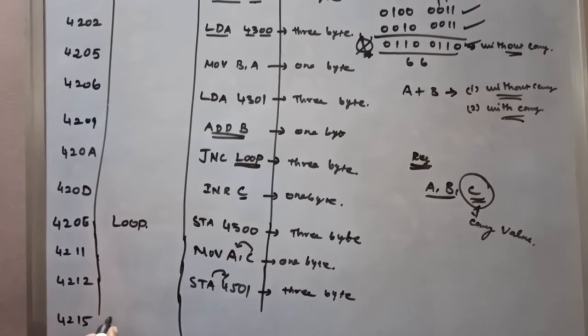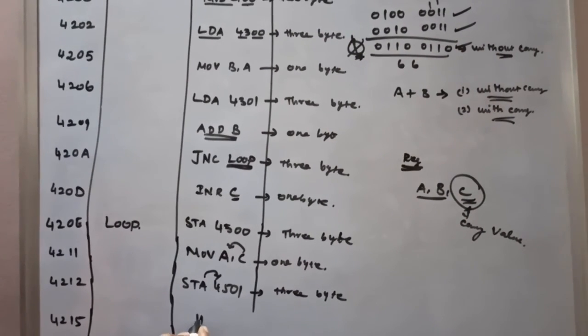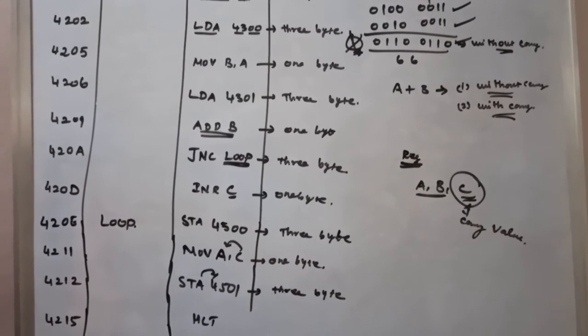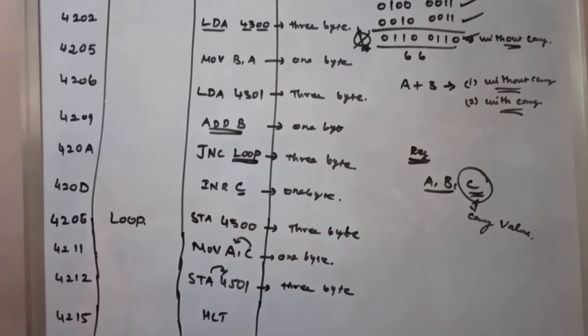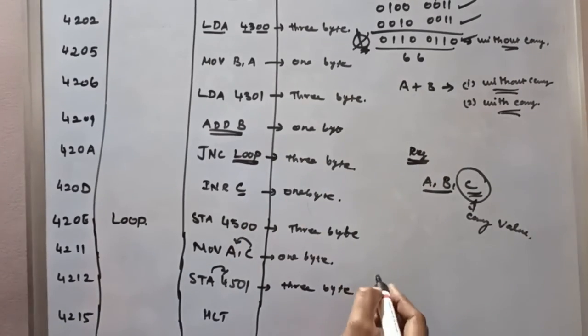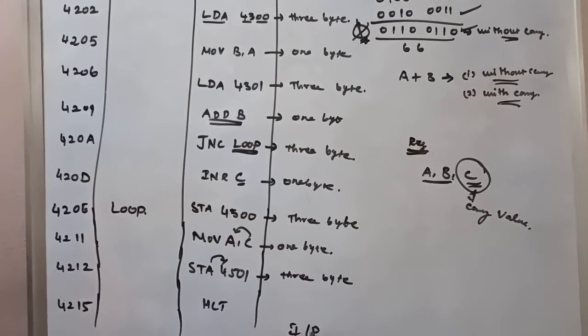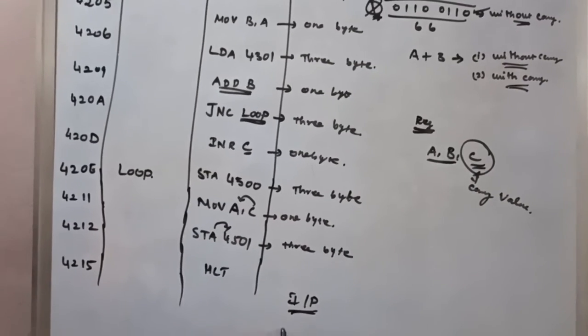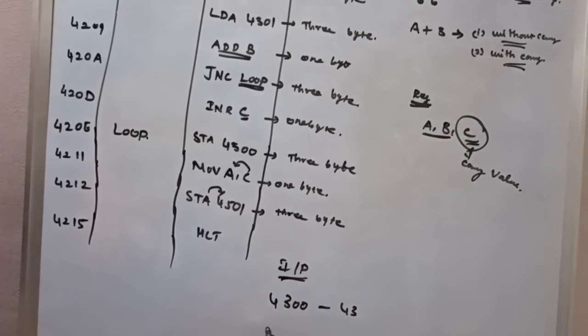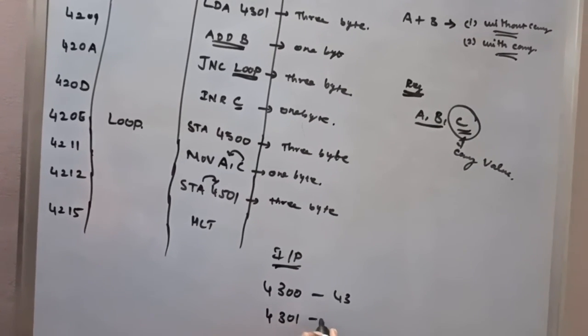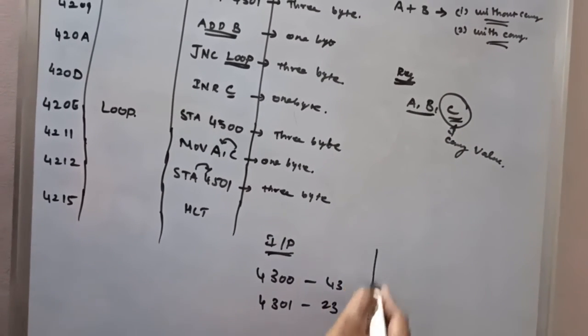So 4215. The final instruction is HLT, halt. So there are no instructions after that instruction. So the input values of this program: you pass the address location 4300 and 4301, 23.